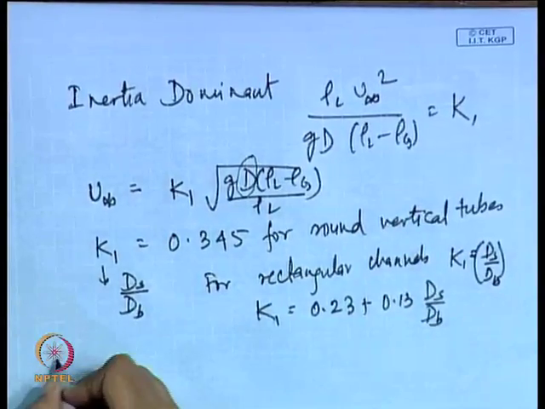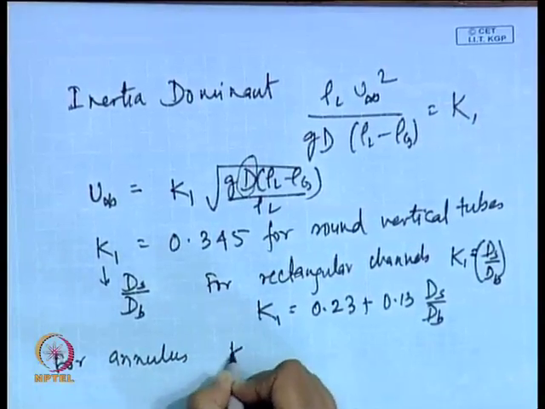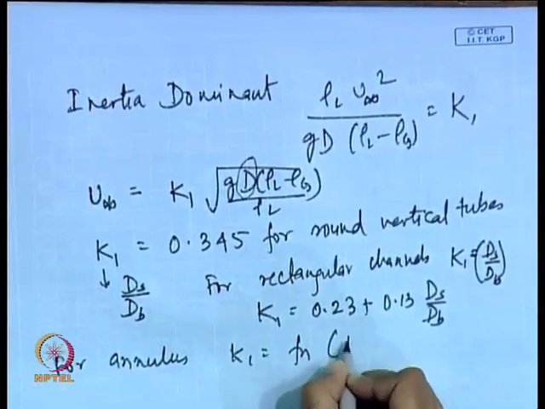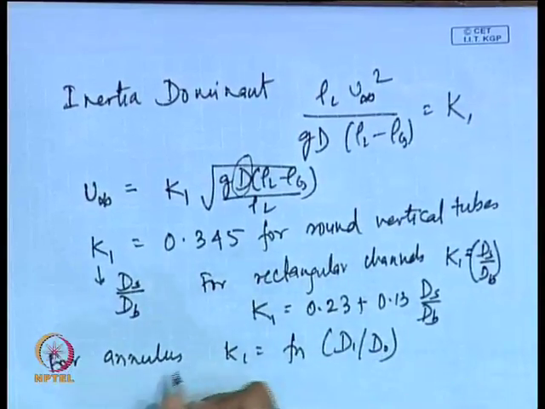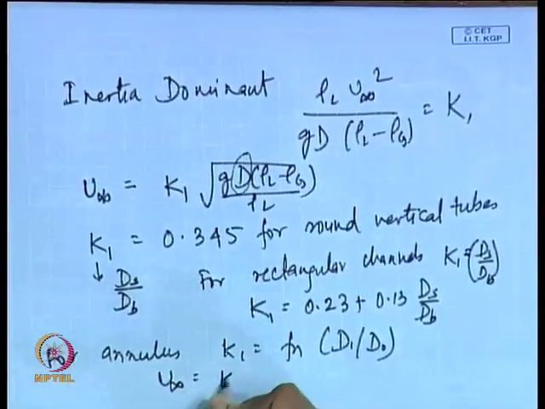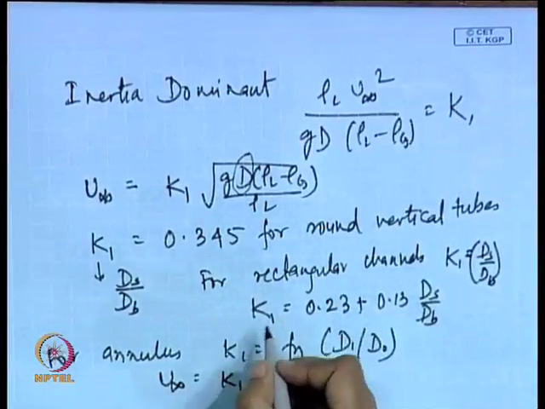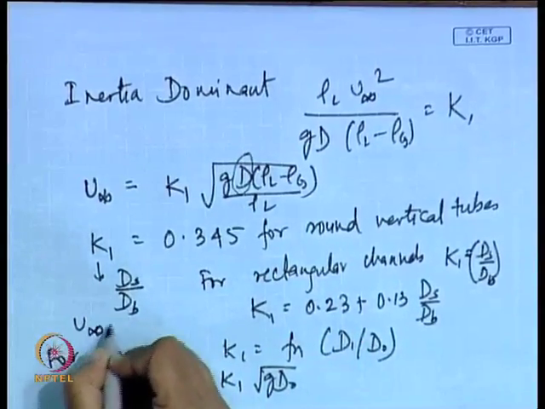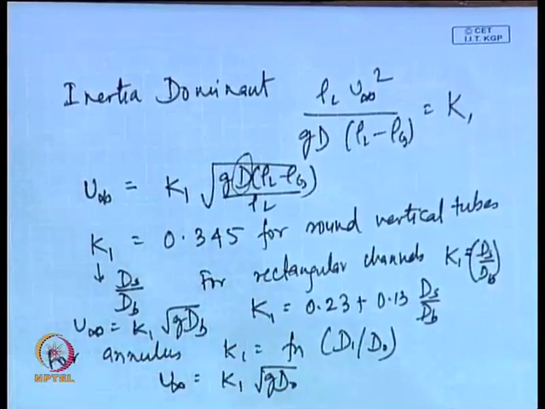Again, for annulus, people have found K1 is a function of the inside diameter by the outside diameter, and u infinity is given as K1 root g d0. In this case also, u infinity is given as K1 root g d bigger.